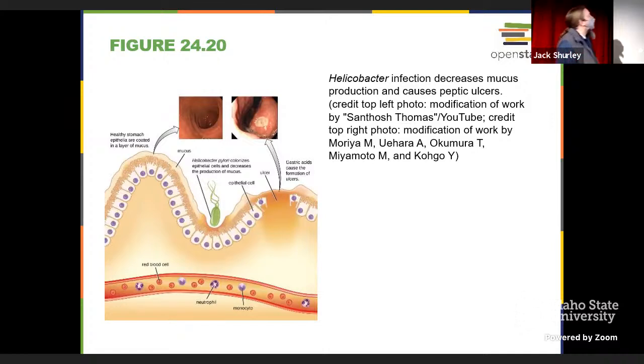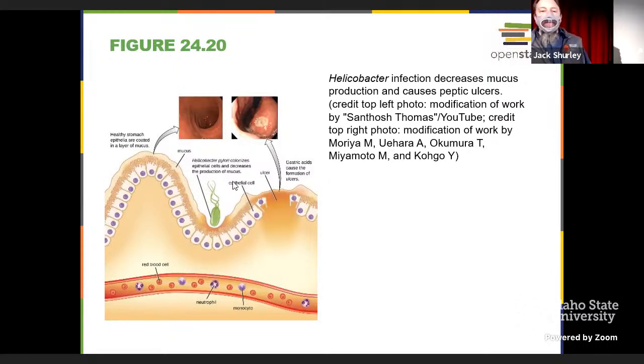Shifting over, Helicobacter. Helicobacter pylori is the organism. It's got it right there. Probably can't see it very well. These guys want to live within the stomach, which is an area that you typically would think of as not a very hospitable place to decide to live with the copious amounts of stomach acid.